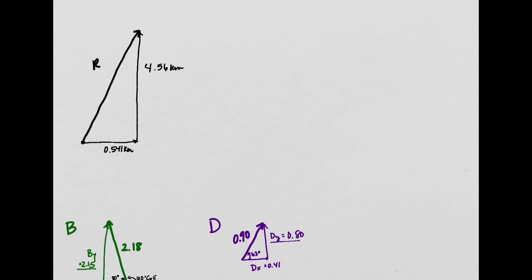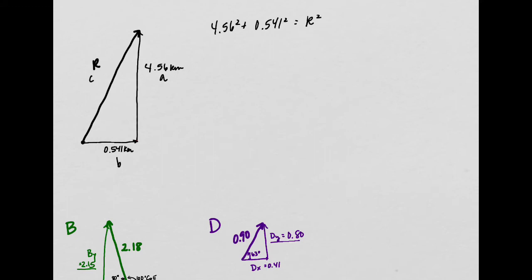Okay, so solving with Pythagorean's theorem, we're going to do a squared plus b squared equals c squared. This is a, b, and c. So we have 4.56 squared plus 0.541 squared, and this is going to equal r squared.